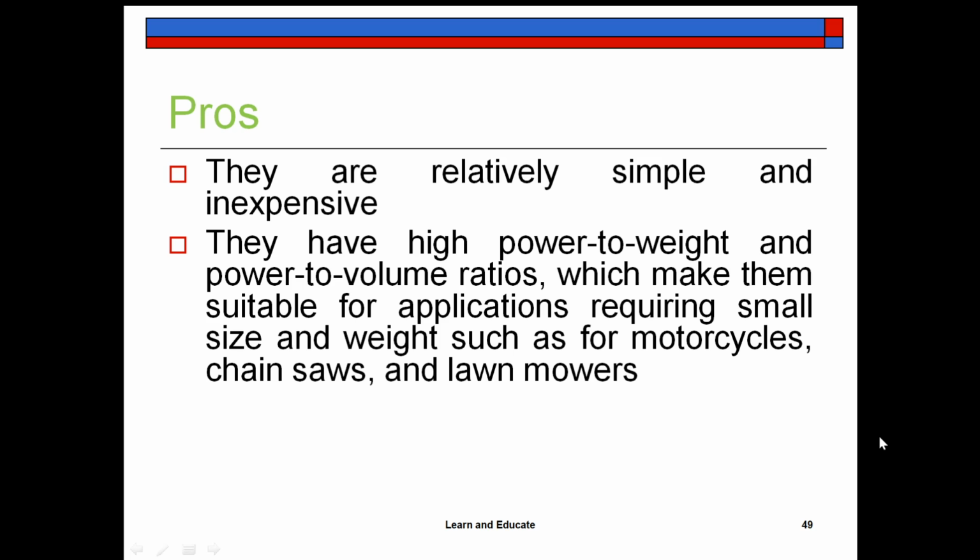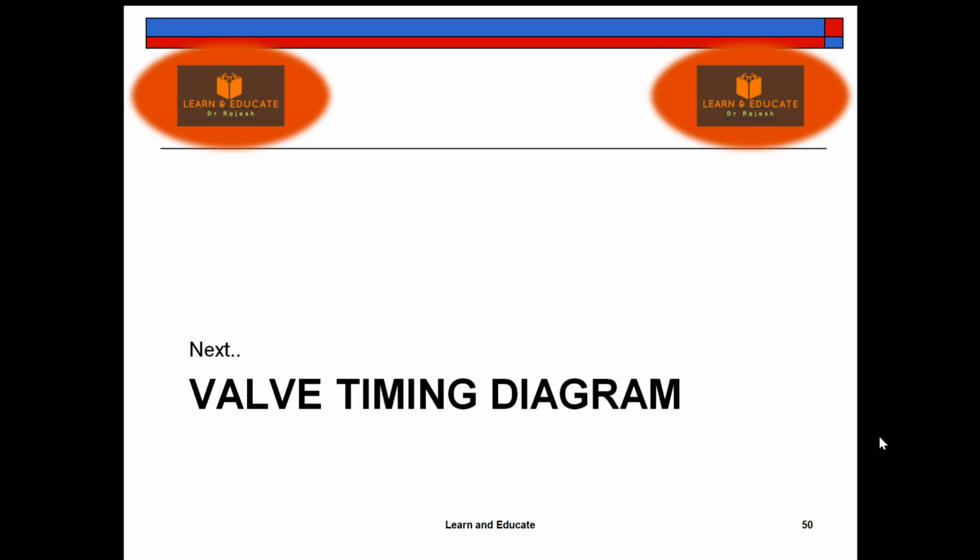That means for a given weight, when you compare four-stroke and two-stroke engines, a two-stroke engine will have higher power because of the same reason, one power stroke for every revolution of the crankshaft, which makes them suitable for applications requiring small size, especially motorcycles, lawn mowers, chainsaws. All these are using two-stroke engines.